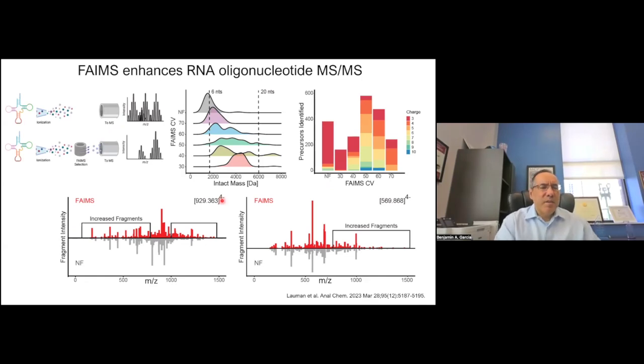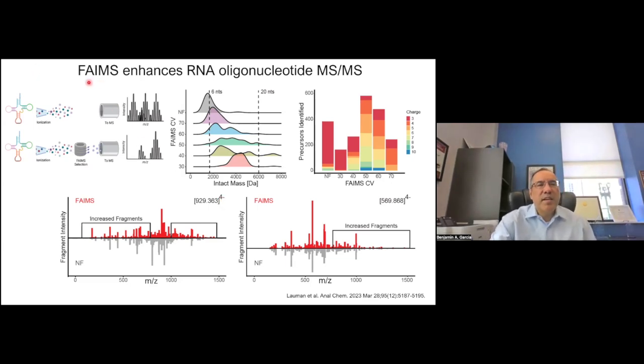The other thing we've been working on, in the background as well, is looking at what we can do on the front end in terms of enhancing separations of RNA, because once you get to using C18 or other types of chromatography, the separations you can get, the quality is never as high as you can do with peptides.